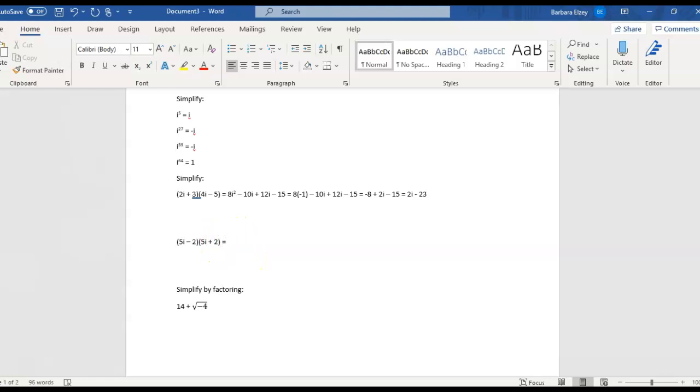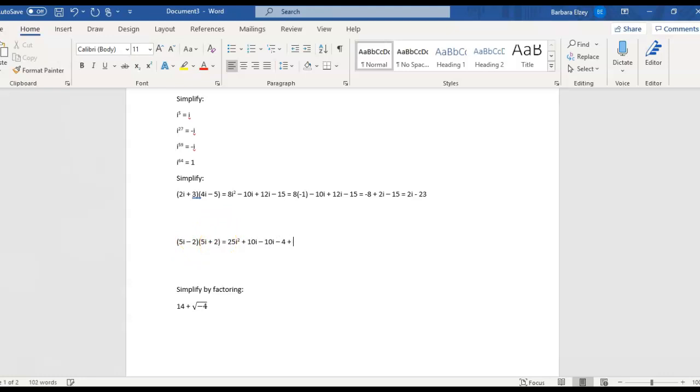So 5i times 5i is 25i squared. Outside 5i times 2 will be 10i. Inside negative 2 times 5i will be negative 10i. And then last, negative 2 times 2 will be negative 4.